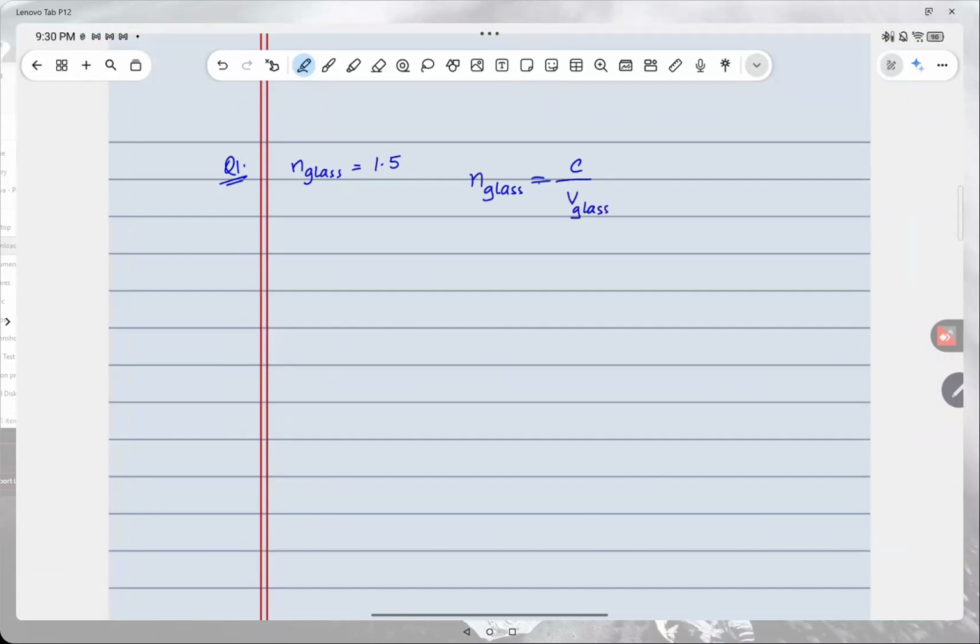V glass means velocity of light inside glass. We know the value of N, we know the value of C. Can we calculate the value of V? Yes or no?